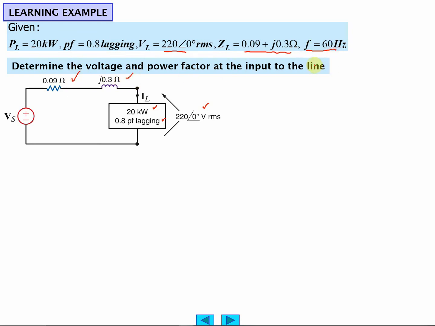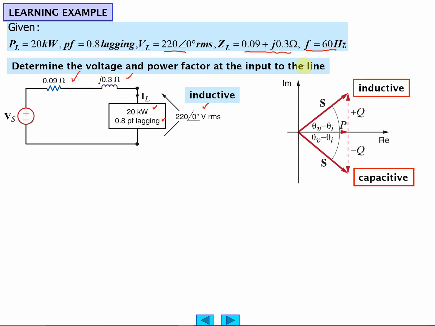And actually you don't need the frequency for this problem. You're given the line impedance. So it's inductive, that is the current lags the voltage. The angle of voltage minus the current is positive. Or the voltage leads the current, let's put it that way, inductive. Capacitive, just the opposite. Voltage lags the current.